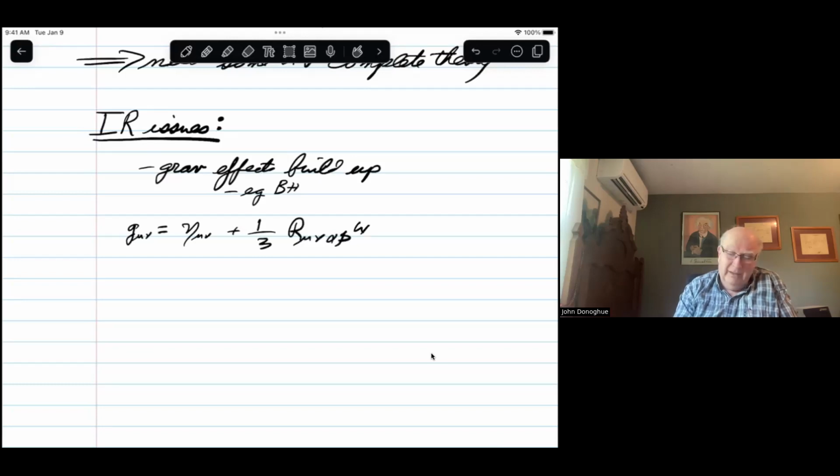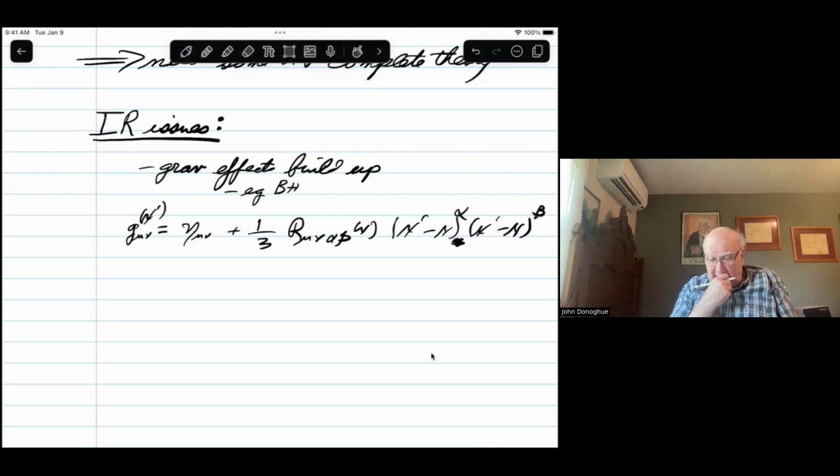At our point x here, so this is at some x prime minus x, this is like Taylor expanding the metric in terms of the curvatures around a given point. So even though curvatures can be small, there are some distances where the distance in the extreme infrared gets big enough that the corrections are of order unity.